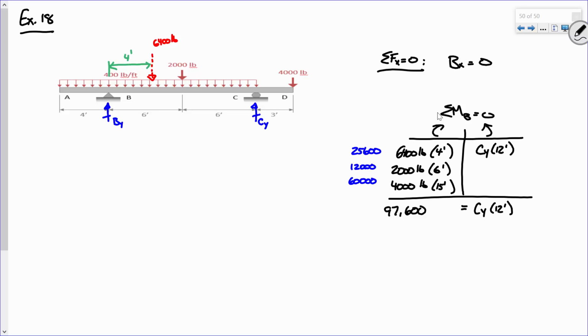Foot pounds. We're multiplying pounds times feet. These are moments, so it comes out in foot pounds. So how do I solve for CY? Now, if I divide that, I get a number of, what is that, 8133.33?